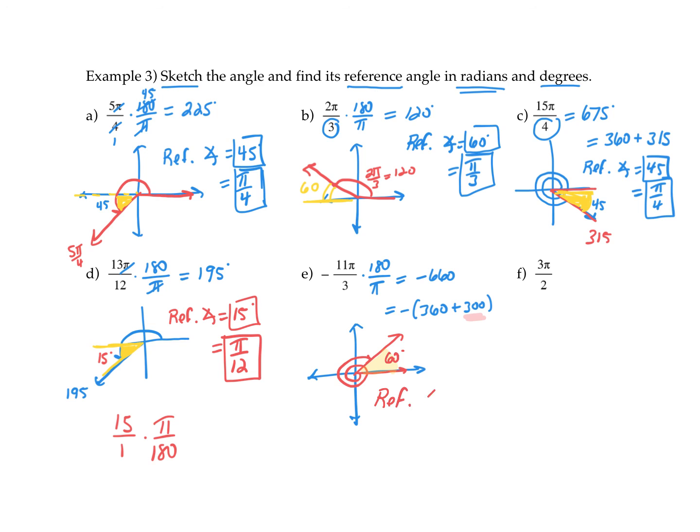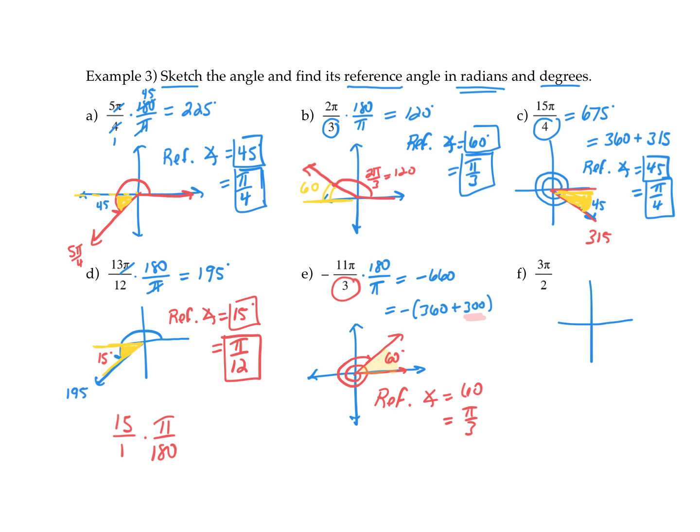So our reference angle would be 60, or pi over 3. And again, we're back to one of our angles that we said was going to come up very often. Denominator being 3 tells me that this is related to 60 degrees.